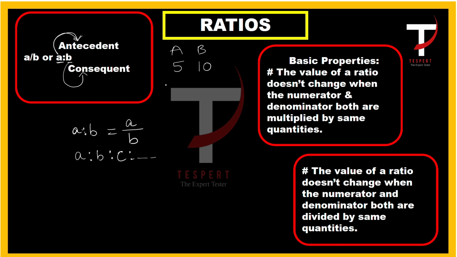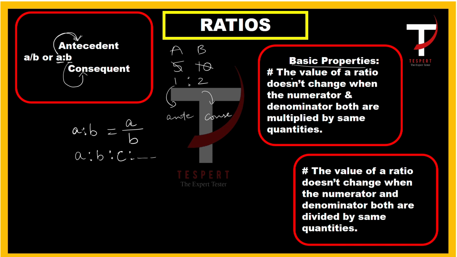What's the ratio of the number of chocolates between you and your friend? So 5 is to 10. If we simplify this, it will be 1 is to 2. In 1 is to 2, 1 is the antecedent and 2 is the consequent.